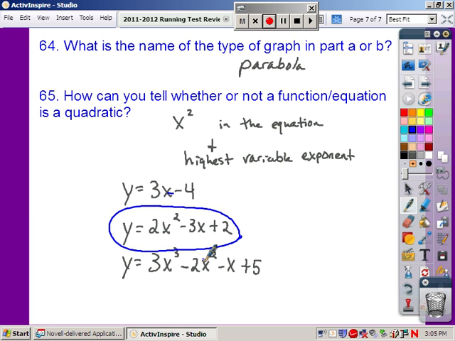This one also has an x squared, but there is also an x cubed, which means that this one is not quadratic because the x squared is not the highest exponent, the x to the third is. So this is an explanation of what makes a quadratic a quadratic. It has to have x squared, and it also has to be the highest exponent on any variable. All right, that is it for the review for this point.